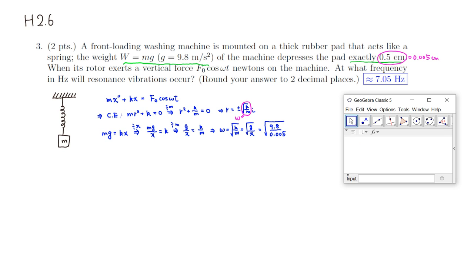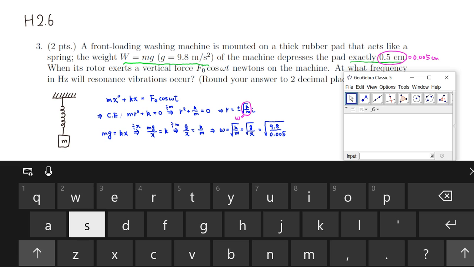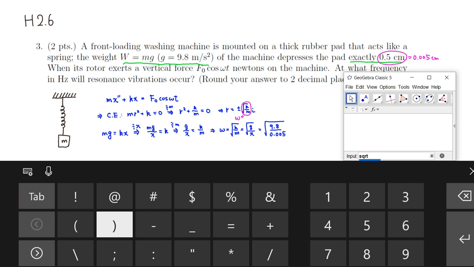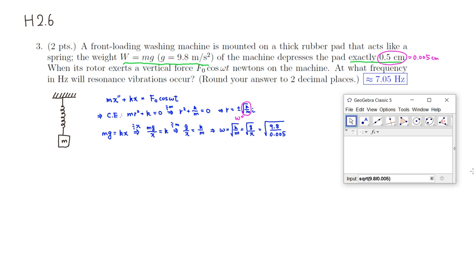I open up the GeoGebra, and we just need to compute the square root of 9.8 divided by 0.005. Let's hit enter.